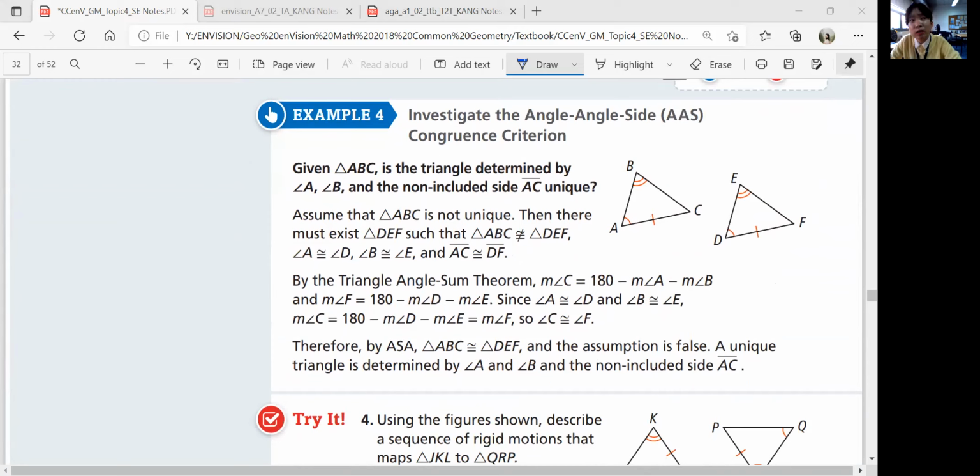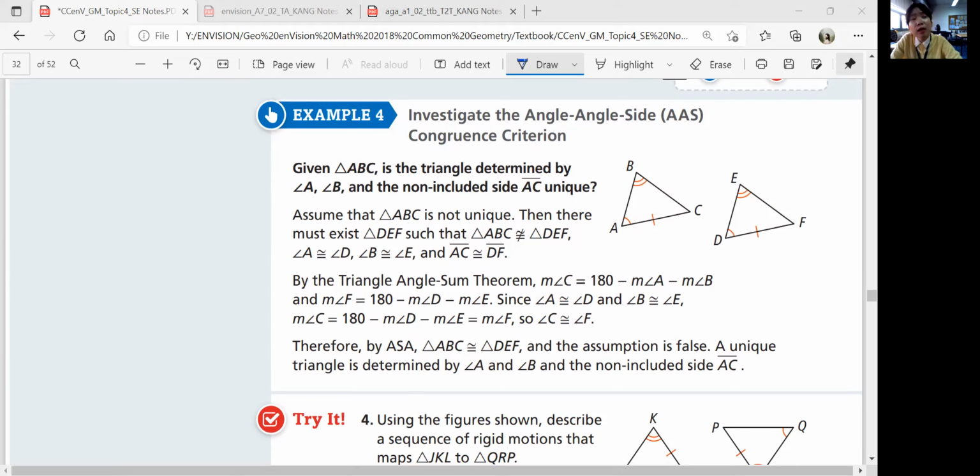Assume that triangle ABC is not unique, then there must exist triangle DEF such that triangles ABC and DEF are not congruent, because if it's not unique, then they don't always have to be congruent, right? Even if they have the same angles and the same side.